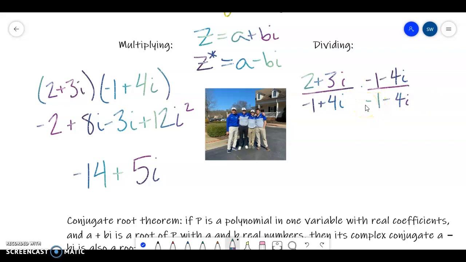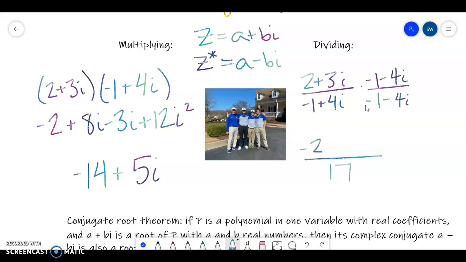The i values are always going to cancel when you do this distributing. So a squared plus b squared for that is going to be 17. The top we did earlier. No, we didn't do that earlier. I should have done it differently, that would have saved time. Oh well, let's do it again.